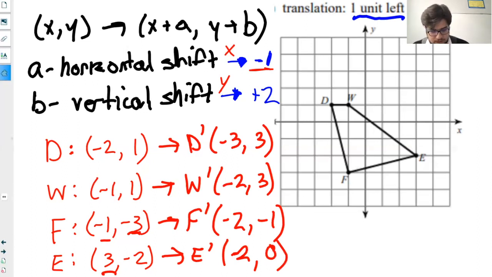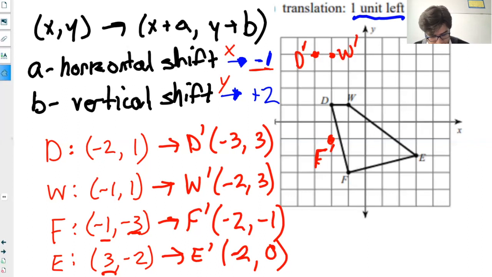If you notice, I can graph these on the actual graph here. So this would be D, this would be W, this would be F prime at -1, -2. This is D prime, and this is W prime.